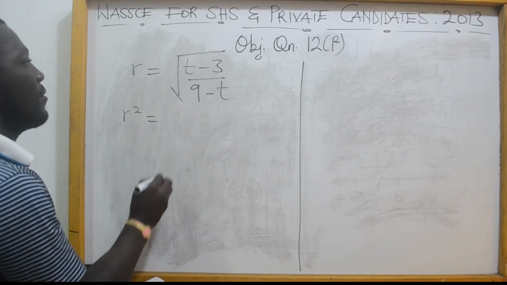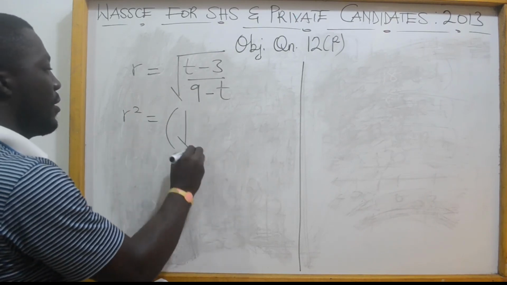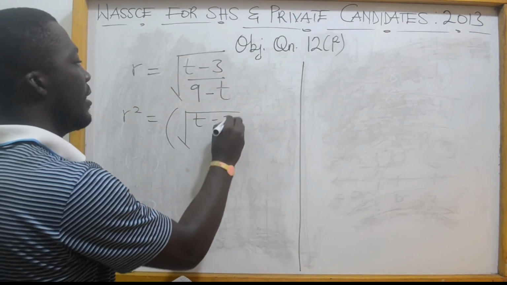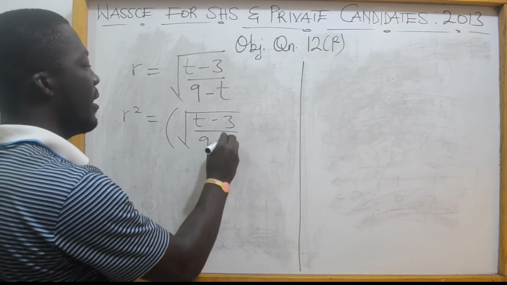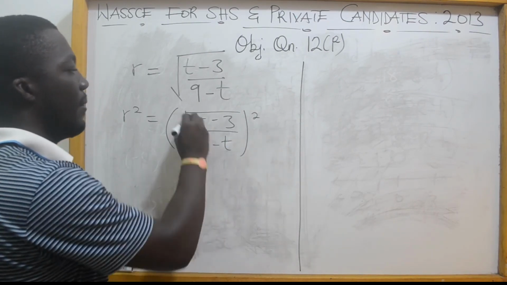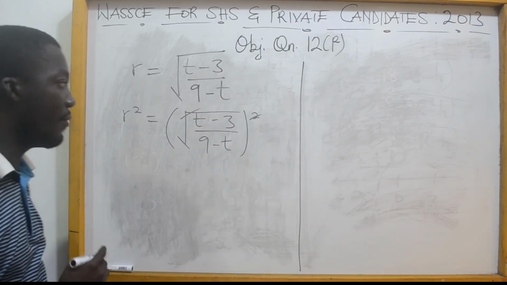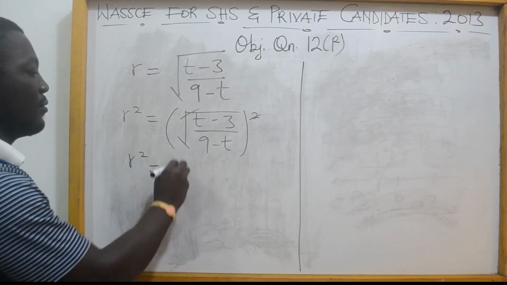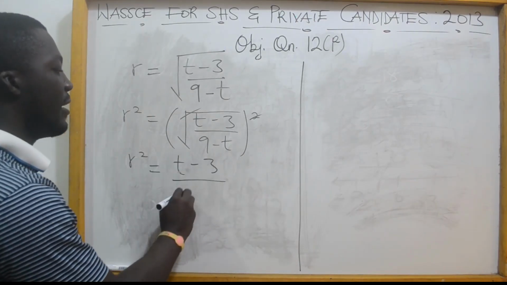R squared should be equal to the square root of T minus 3 divided by 9 minus T, all squared. The square will take away the square root, leaving R squared is equal to T minus 3 divided by 9 minus T.